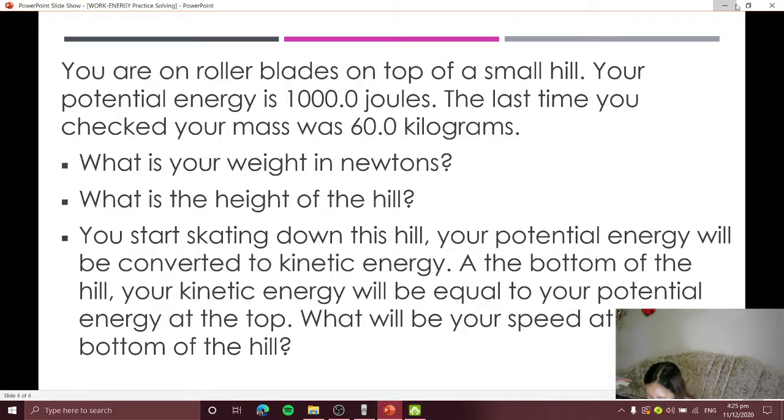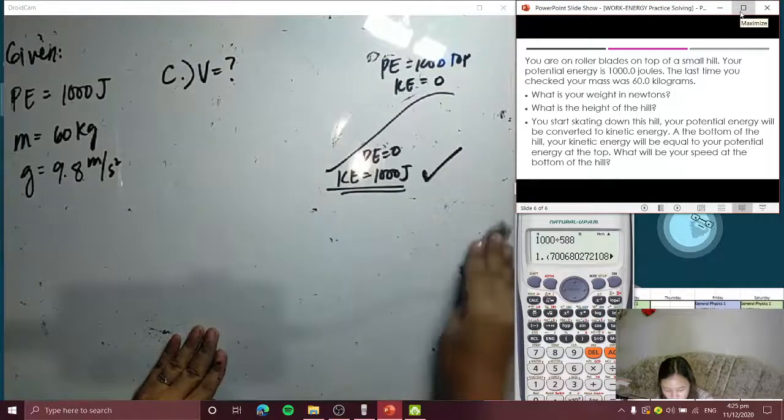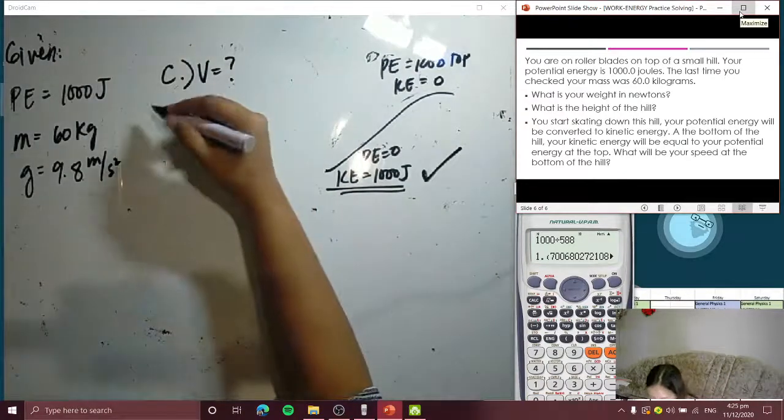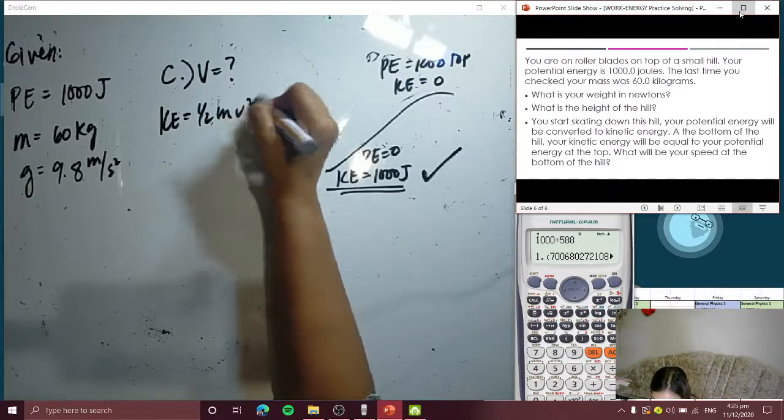So for letter C, V is the unknown. Okay, so let us use KE is equal to 1/2 mv squared.